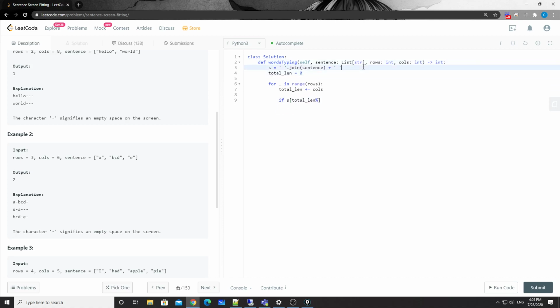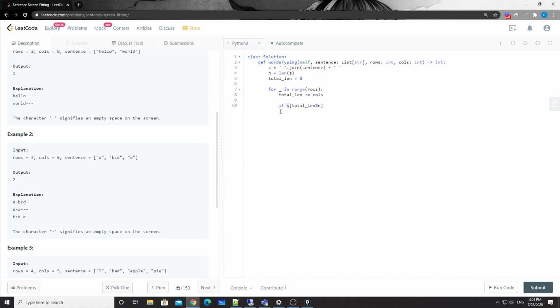I will do the length of s, okay, modular of n. Basically we're trying to see if the total length can be utilized entirely, right? By checking if we do a relative position, if we're hitting a space, right?